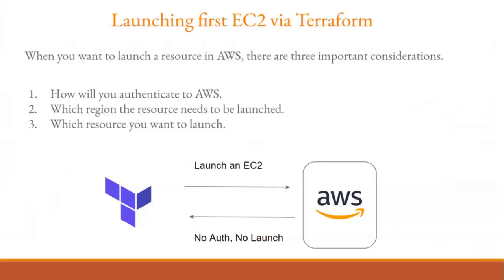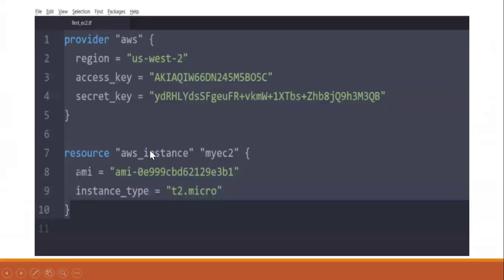Terraform downloads a version of AWS, and we authenticate with the AWS account. We also specify which region the resources need to be launched in. We need to provide that in the provider. The provider is AWS, with region, access key, and secret key. This is one block, and then the resources.